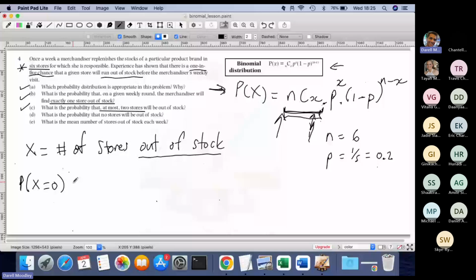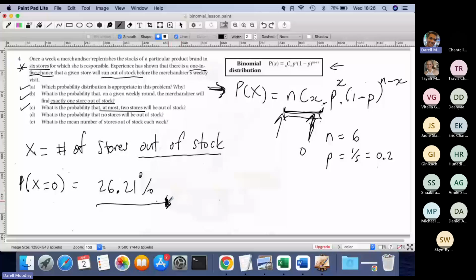All you need to do is use this formula but substitute 0 for X. You substitute 0 wherever you see X, and your P and your N remain the same. If you do that, you get a value of 0.2621, which I'm going to write as a percent, 26.21%.